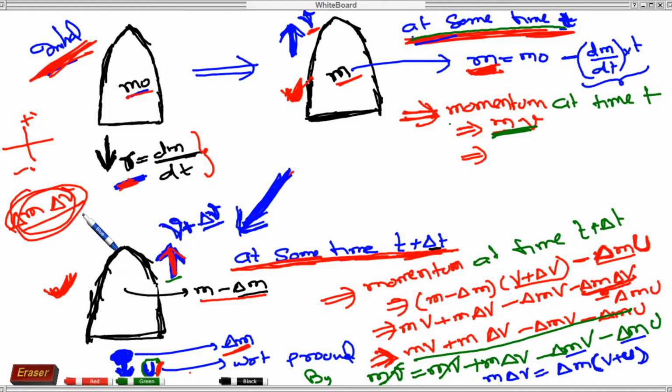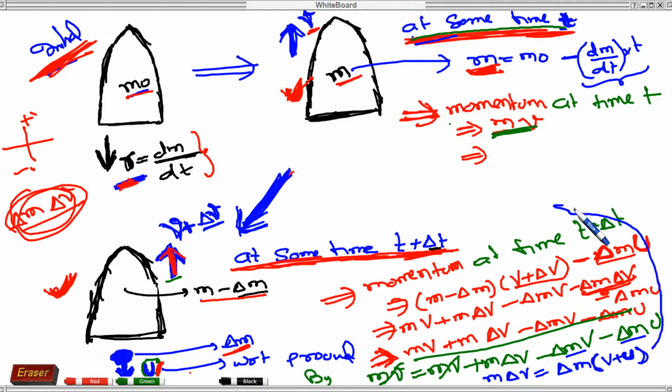So what would be the scenario? Let me put it somewhere and adjust this here. I'm continuing it from here to here.